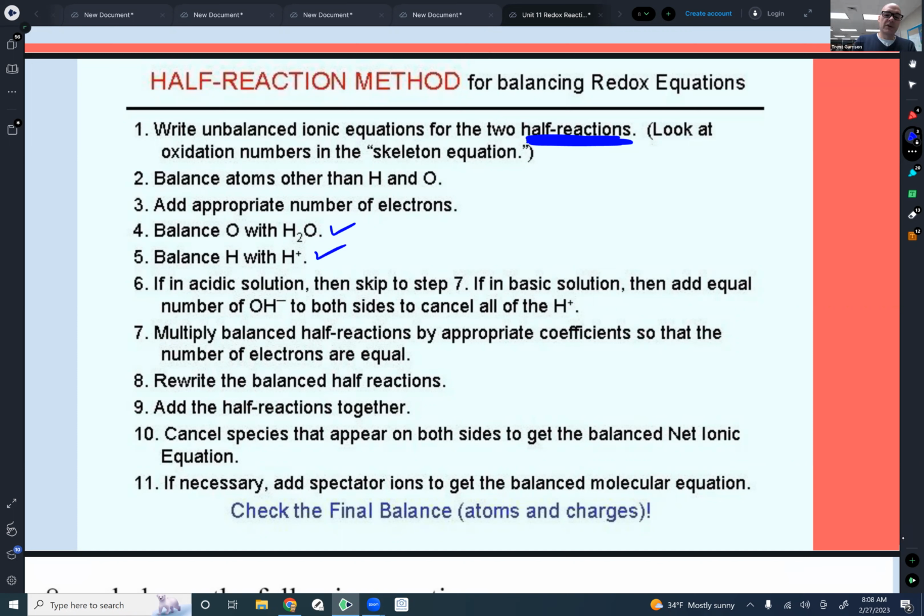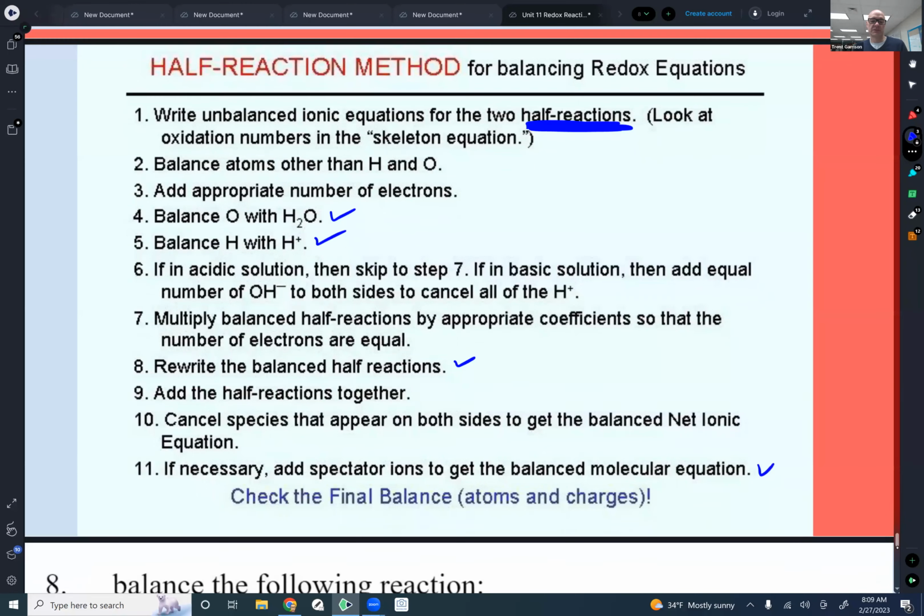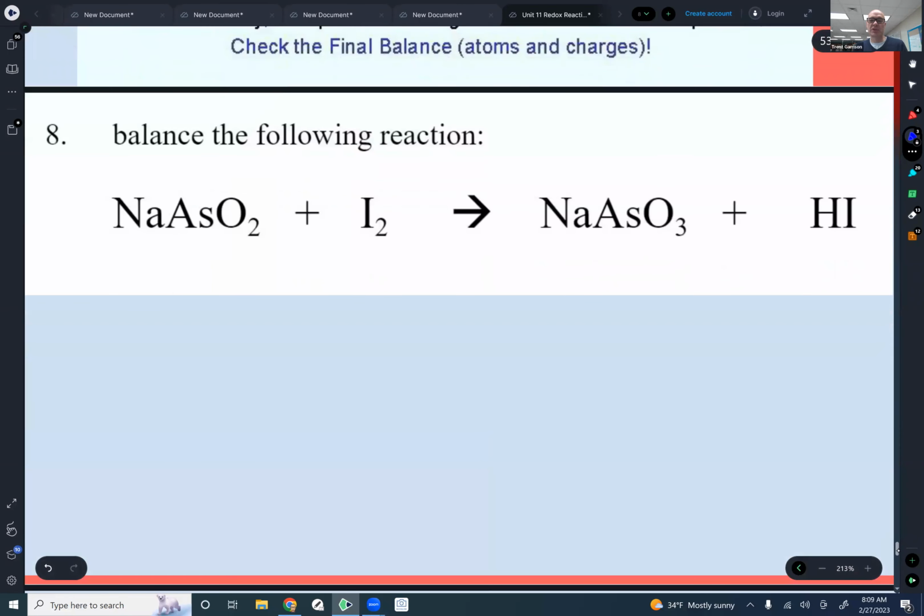Then we are going to balance the half reactions. And then we are going to start balancing their charges. And then we're going to cancel out whatever is the same on both sides. So we're left with our final answer. It's going to take a little bit of time, but we're going to figure this out together. Let me show you the process.